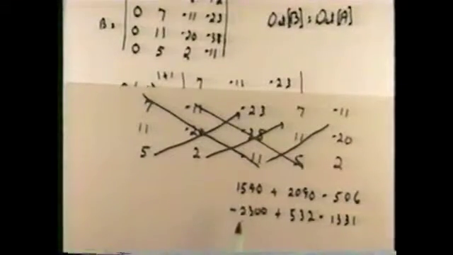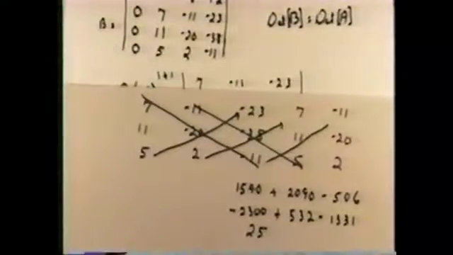Now if I take the calculator and add 1540 plus 2090, subtract 506, subtract 2300, plus 532, subtract 1331, I get 25. Now you really should check me with your calculator to make sure that I've done it correctly.